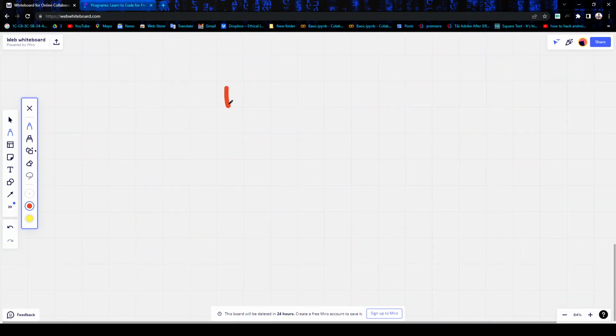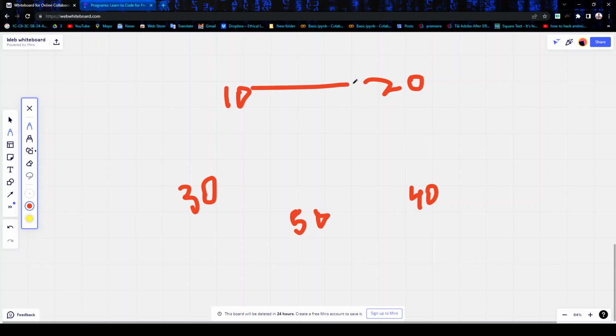So that depends on the situation, which data structure I want to use. Again, taking another example, if I create a graph here, that is 10, 20, the graph is of my choice. There is no hard and fast rule on how you want to create a graph. Let's say I'm creating a graph like this one. The elements are not in a particular order, but I am making the connectivity in this manner.